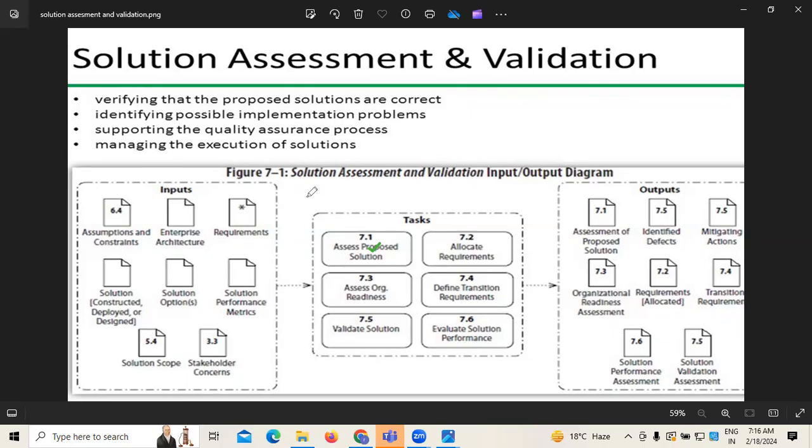Next, we need to validate the solution. What kind of solution are you going to provide, and to what extent is the solution useful? Why? Because let's say, for example, a customer has a business need where they want to expand their retail store services to different places. One of the biggest challenges they could face in future is managing the required infrastructure.